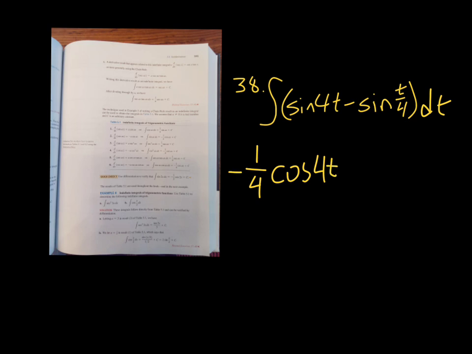All right. So now, and I'll write this out, it's always 1 over whatever that number is, and then times negative cosine.